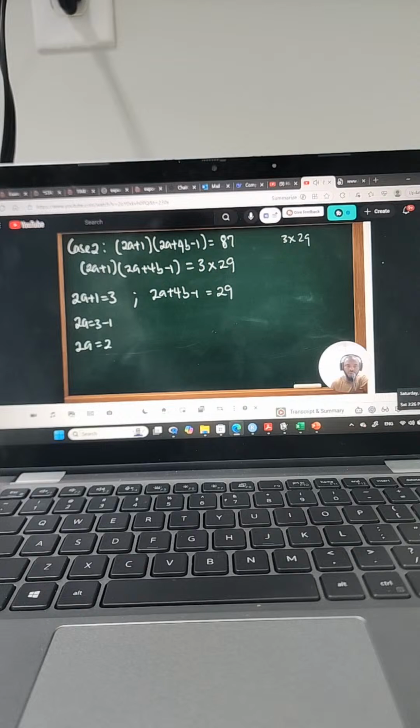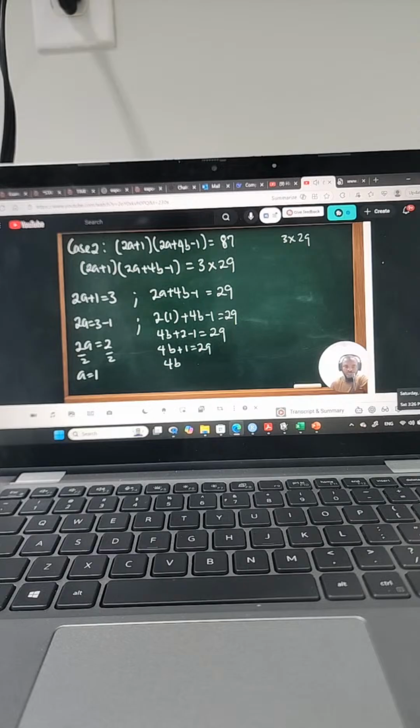2a equals to 2. Dividing both sides by 2, we have a equals to 1. While here we have 2, since a equals to 1, in parentheses we have 1, plus 4b minus 1 equals to 29. So here we have 4b plus 2 minus 1 equals to 29. Here we have 4b plus 1 equals to 29.